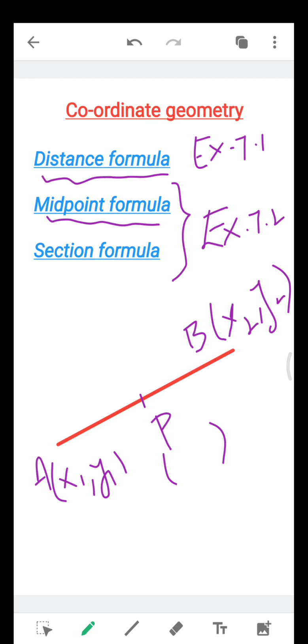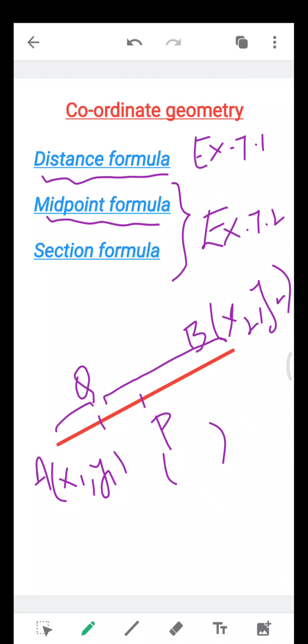Now if I do not divide this line into 2 equal parts, suppose I divide it from some other point, say from here, from Q. So is Q dividing this into 2 equal parts? No, this part AQ is smaller, and Q to B is longer.